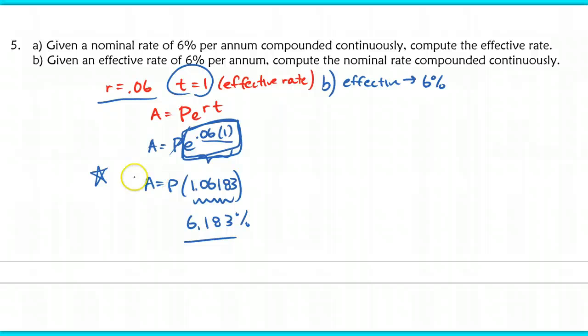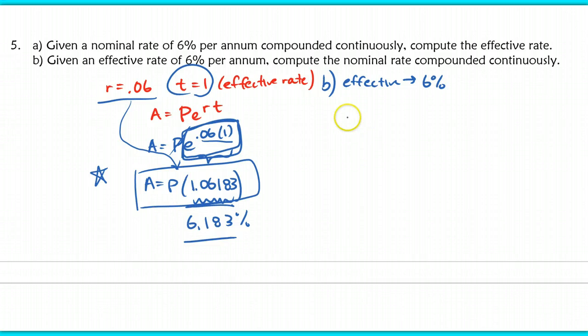Now, taking a look at Part A, this was saying that if you had a nominal rate of 6%, the effective rate here, it would grow to P times this effective rate, okay? What I want to do is start backwards. I already know what my account is supposed to grow to. It's supposed to be our principal multiplied by 1.06. This is the actual amount that's left in my account after I apply that continuously compounded interest rate.